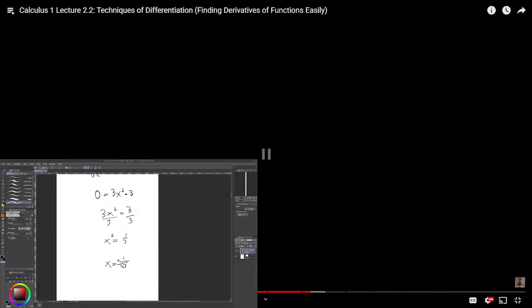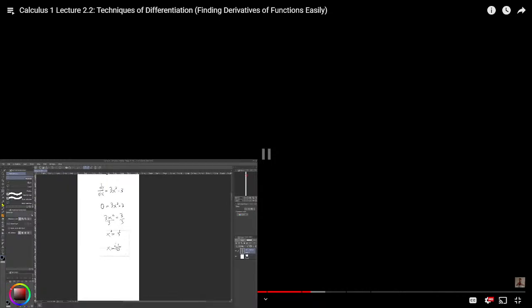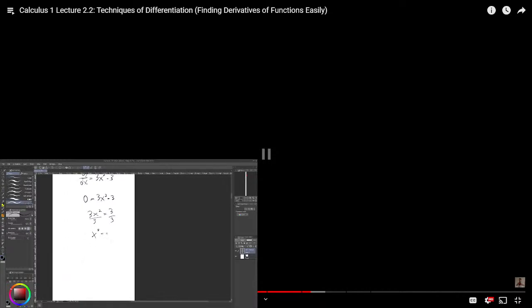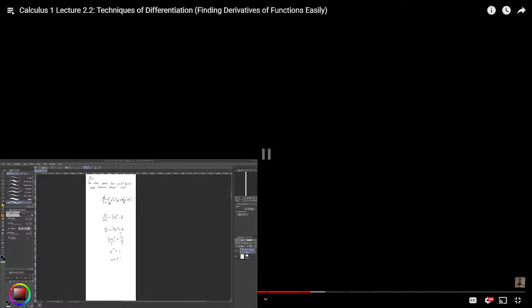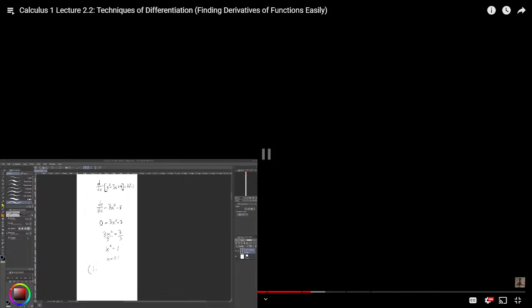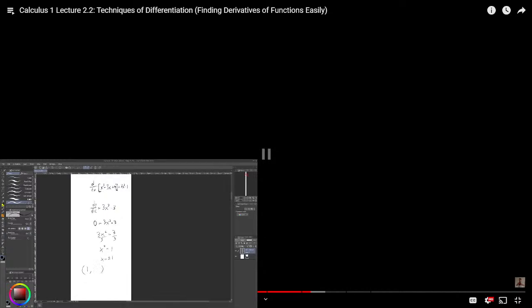Hold on. x squared equals 1. x equals plus or minus 1. Oh. Okay. And then that's easy to plug in.